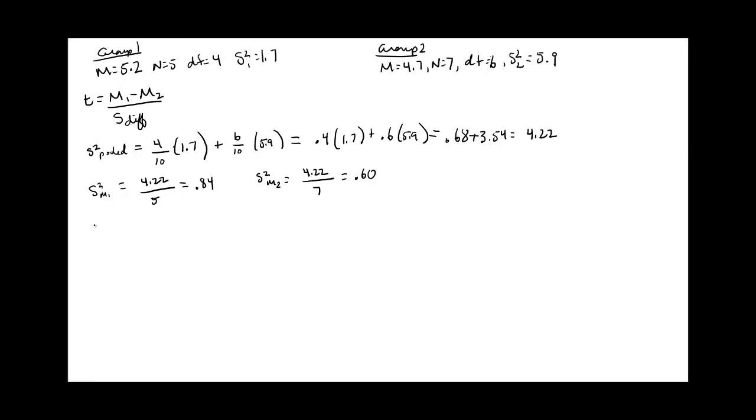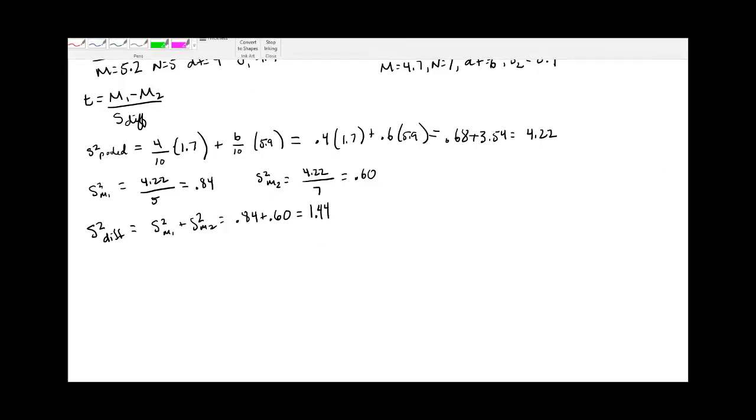So the variance of the difference of the distribution of means is equal to the estimated population variance of the first plus the estimated population variance of the second, which is equal to 0.84 plus 0.60, which is equal to 1.44. So the variance of the differences between the groups is 1.44.